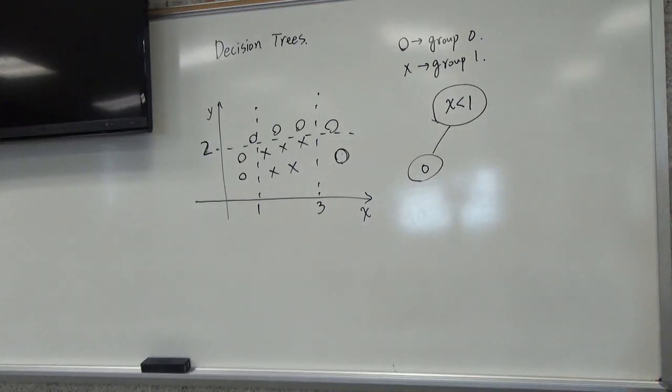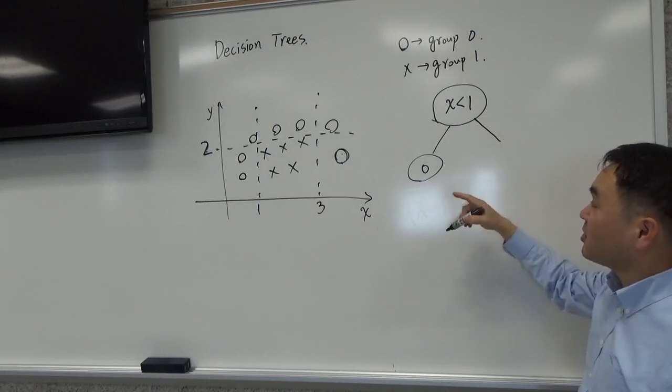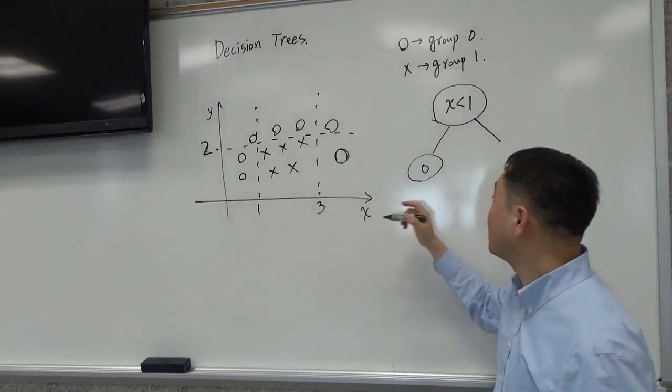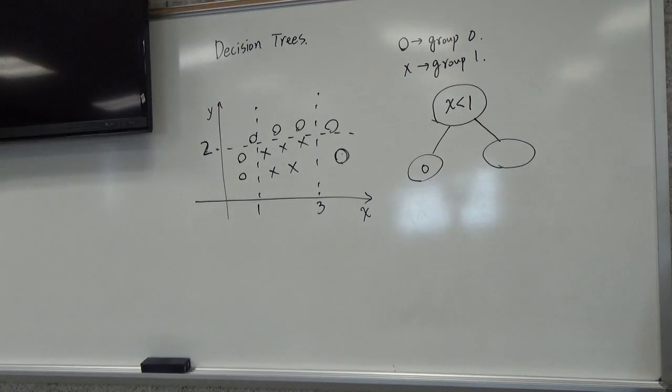Okay? What if it's not? Then you'll still need to have another criteria, right? What should I pick? We got on 1, between 1 to 3.